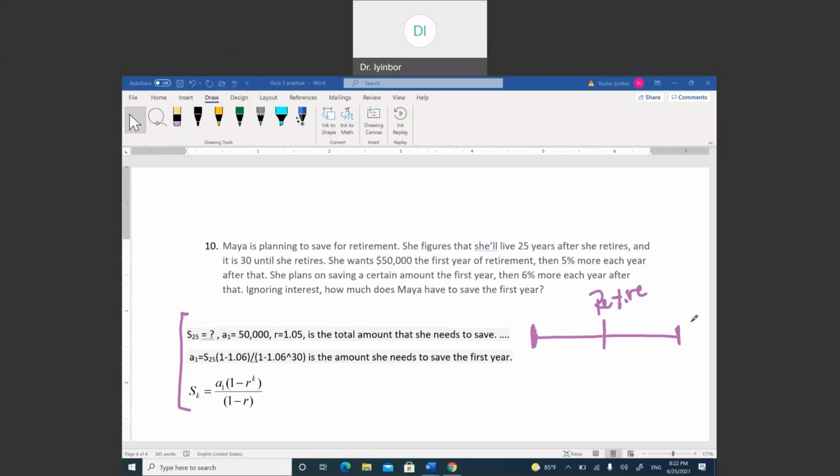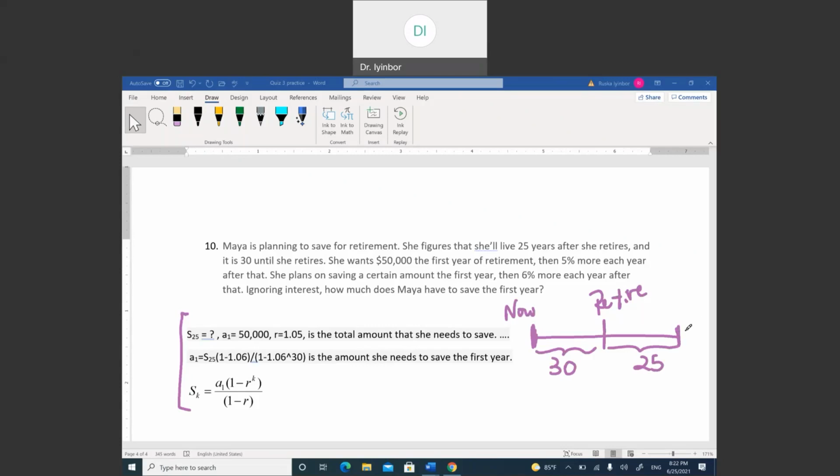Okay, everything is calculated. So she's going to live 25 years after she retires. So this time is 25 years. And the time till retirement is 30 years. Okay, so this is now, this is when she retired, and this is the end of her life.